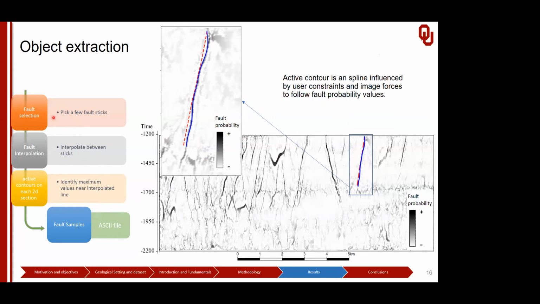Basically, I picked a few fault sticks, then I interpolate between those fault sticks, and then I apply the algorithm in each section. So what the algorithm does is this: this is the initial line, the red line, and then the final result is the blue line. So basically, the red line is trying to fit the shape of the fault in that section.